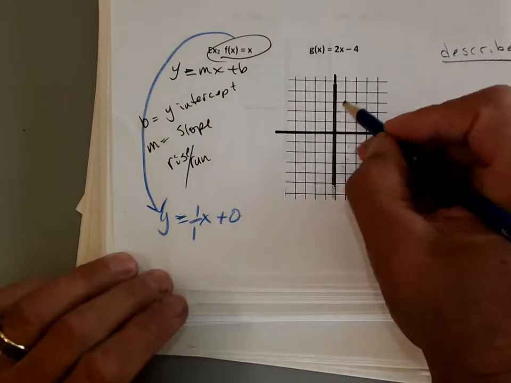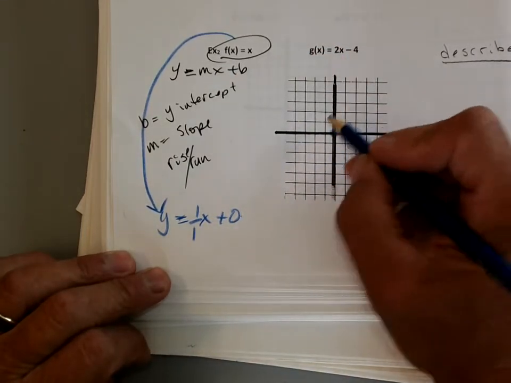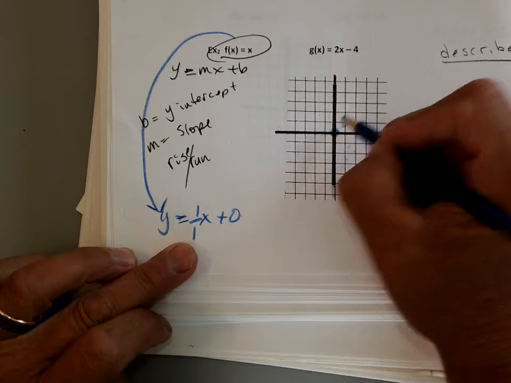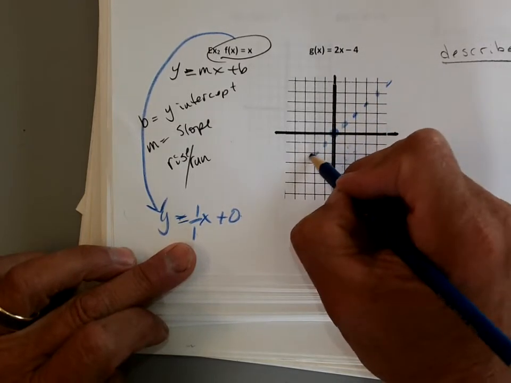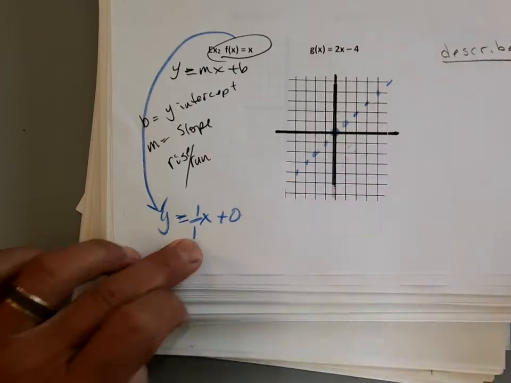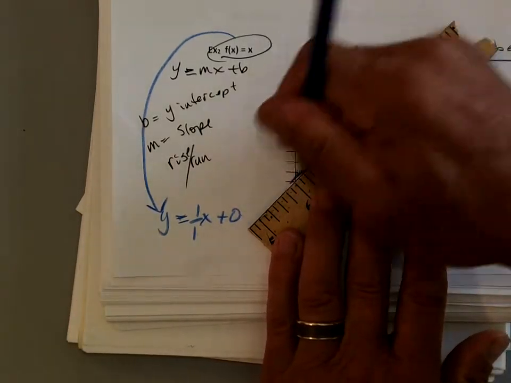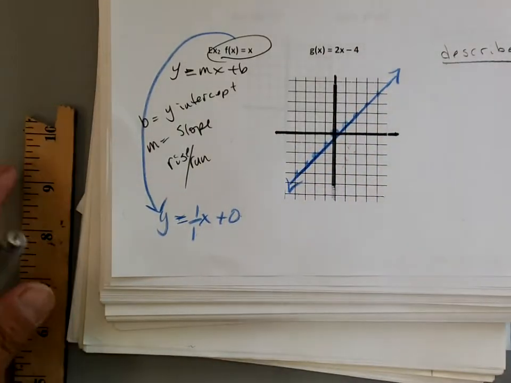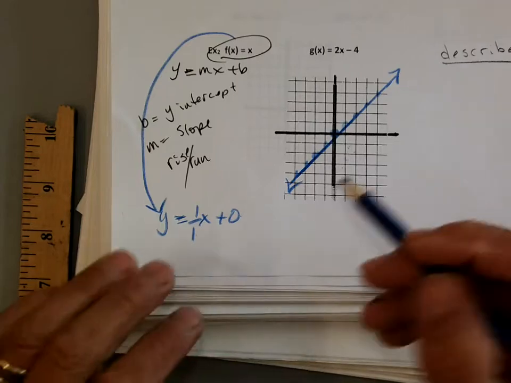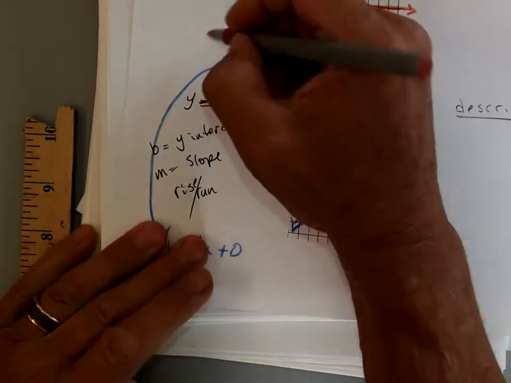So on the parent function, y equals x, start at 0, and then go up 1 over 1, up 1 over 1, up 1 over 1. That's our parent function. So y equals x is my parent function. Write that down, parent function.